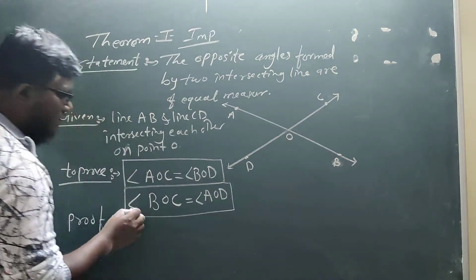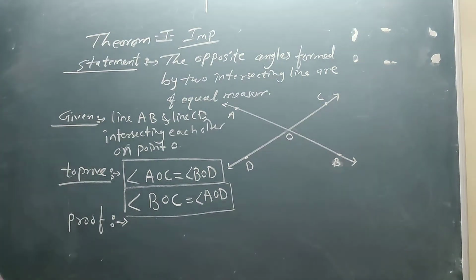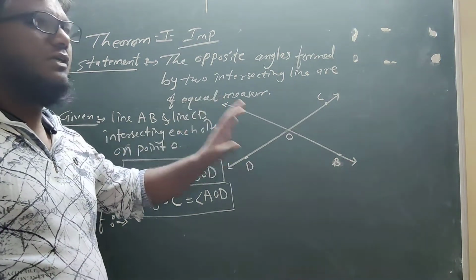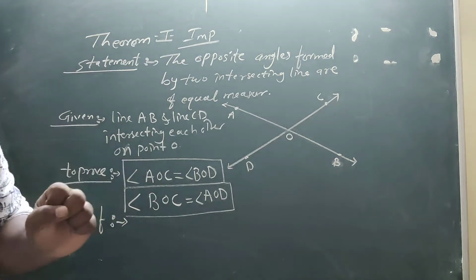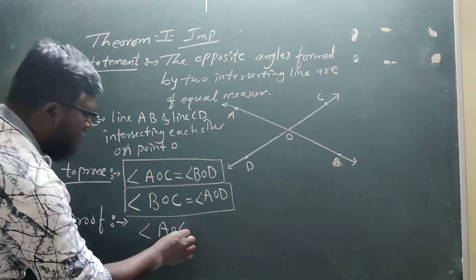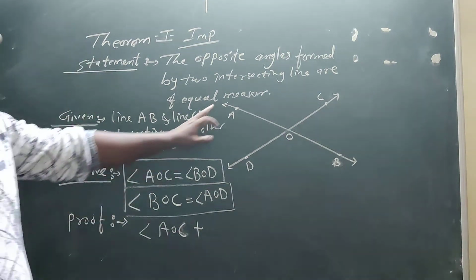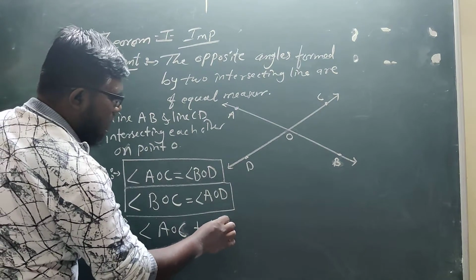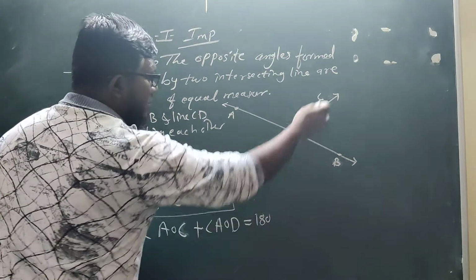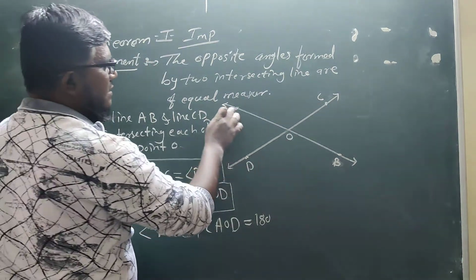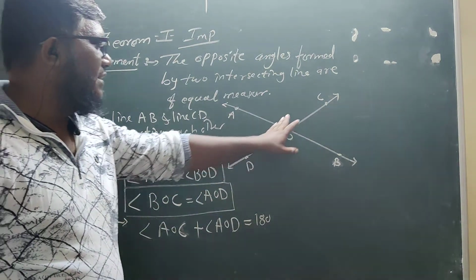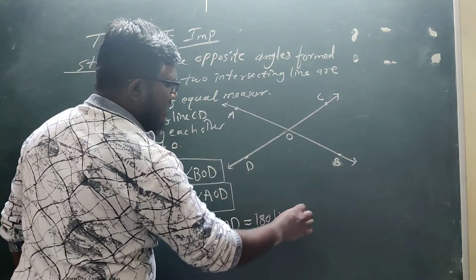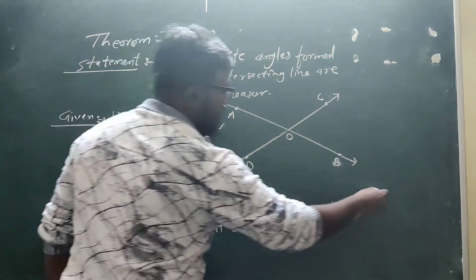Now, dear students, we know that the sum of the angles in a linear pair is 180 degrees. So we will write: angle AOC plus angle AOD is equal to 180 degrees, because if this line is a straight line and the other line intersects it, making 180 degrees into two parts, then the two angles will always add up to 180 degrees because of linear pair angles.